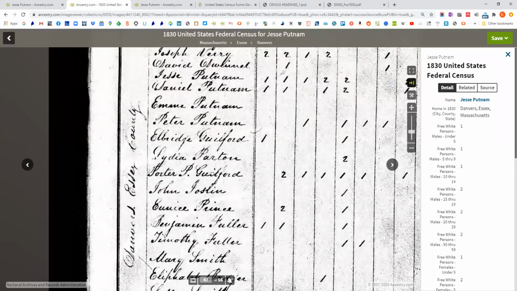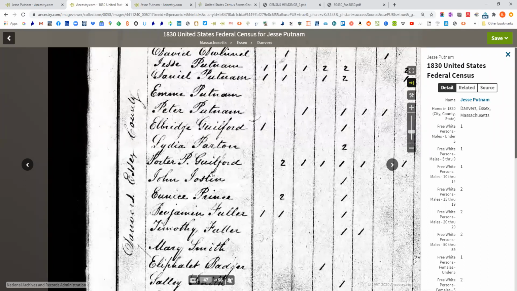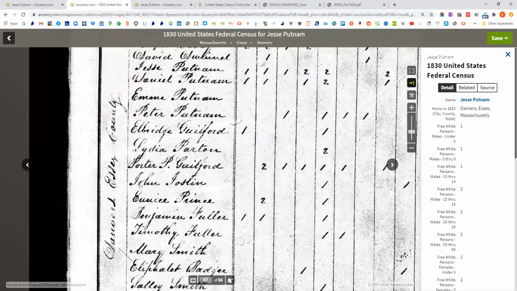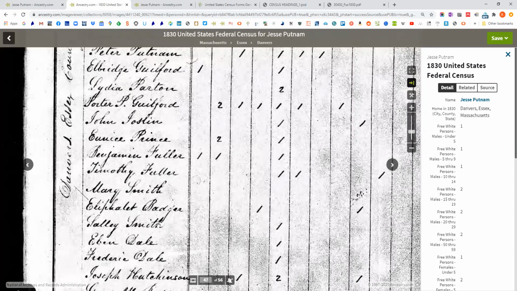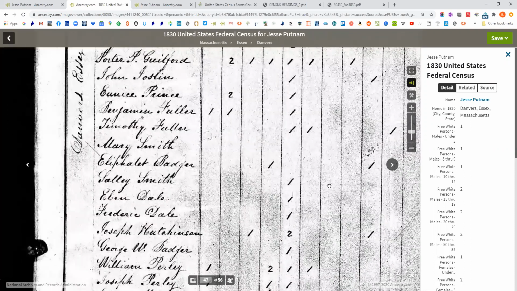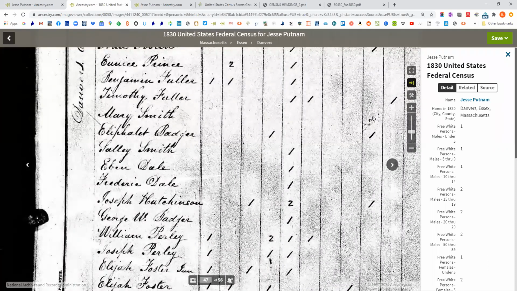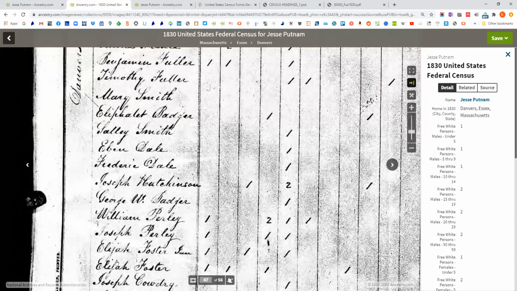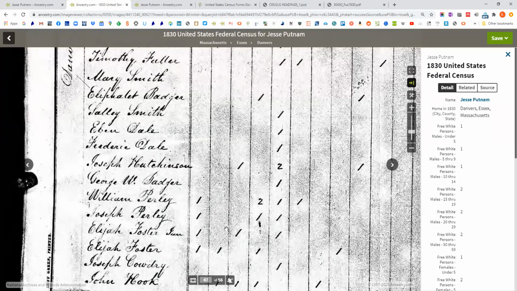So I would think that this looks like it may just be in the order they visited the families, because you do get some clusters, but you would have gotten some clusters, because it's not too surprising that Elijah Foster Jr. is living next door to Elijah Foster, because they probably just built a second house for one of them.